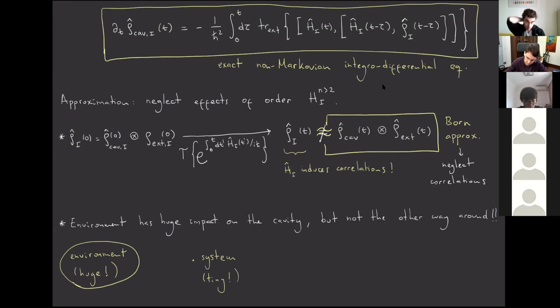And at the same time, the interaction between these two, so this interaction Hamiltonian, it's actually small. Or we are assuming that it's small. Then it makes sense that a huge system interacting weakly with the tiny system makes an effect.